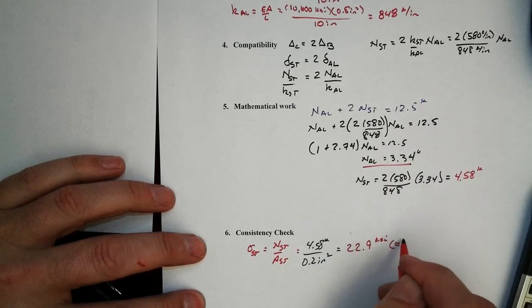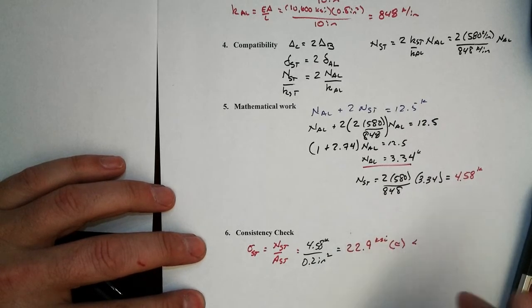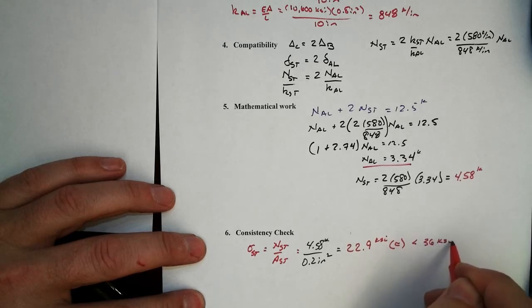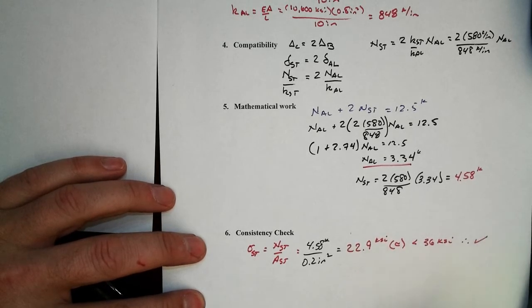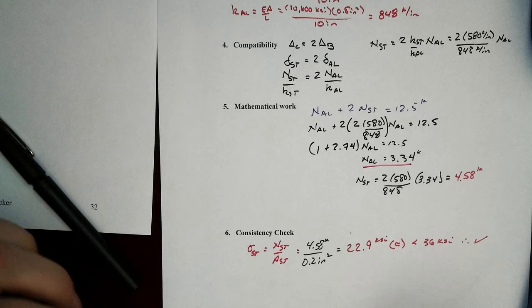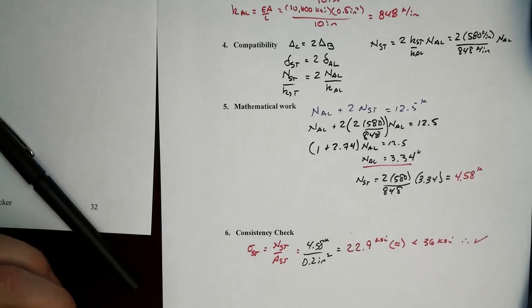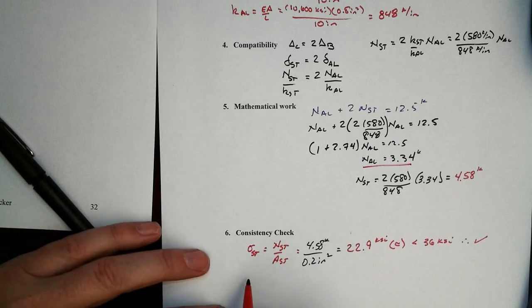That is in compression, and that is less than the 36 KSI yield stress, so therefore that's okay. That's a linear elastic behavior. Right? Now that doesn't include buckling, so we're not going to include that part. Later in the semester we will.